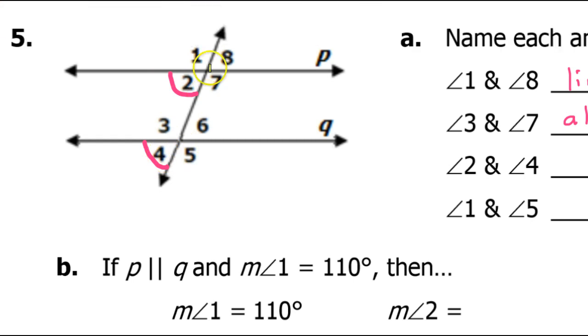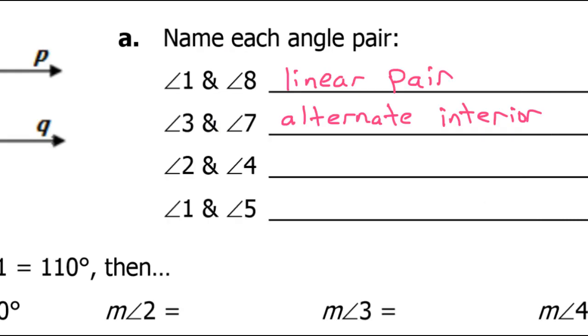One way to look at it is look at this group of 4. See how angle 2 is in the lower left-hand corner? And then look at this group of 4. See how angle 4 is also in the lower left-hand corner. So when you have two angles that are in the same position in their group, they are called corresponding angles.